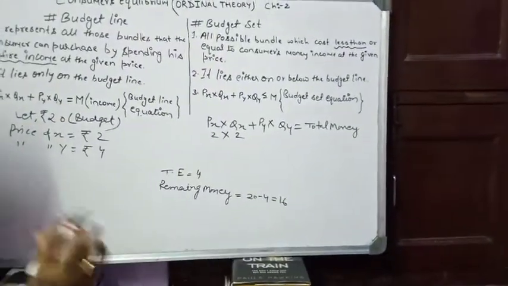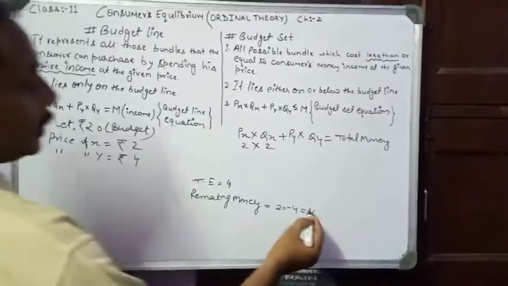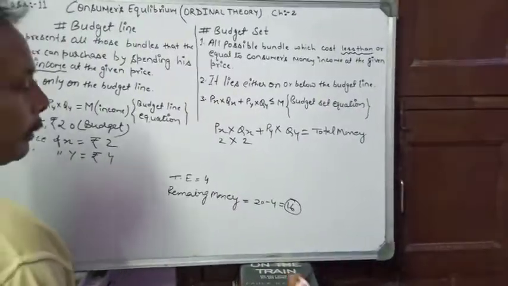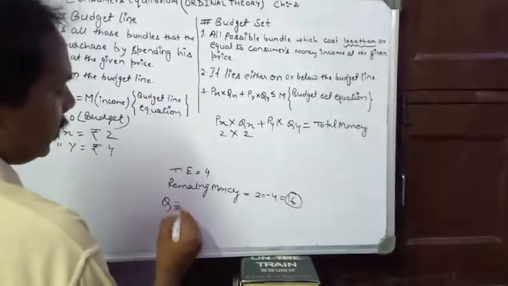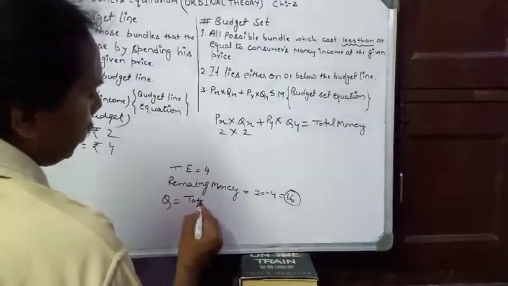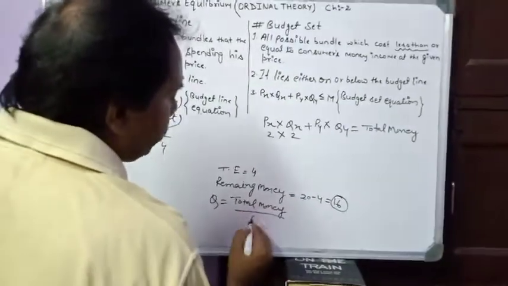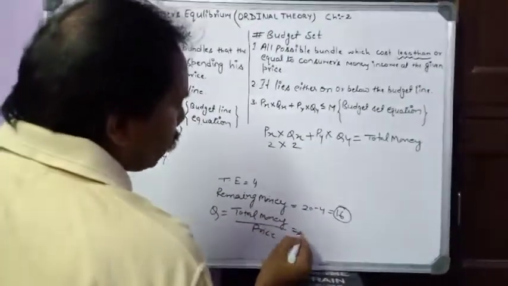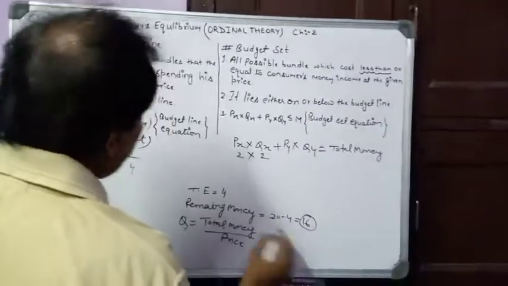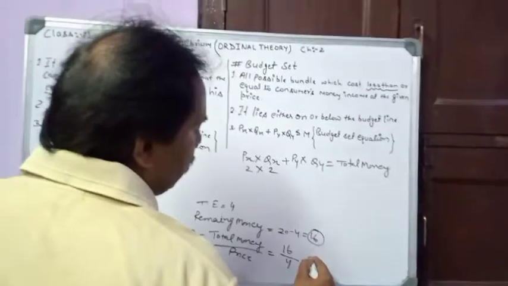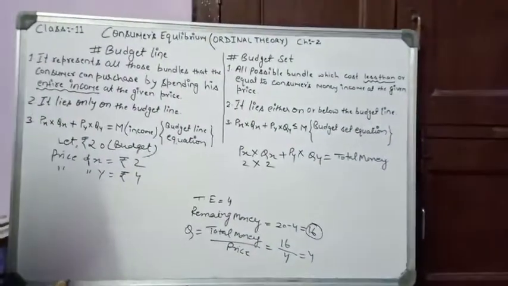From the 16 rupees, how many units can he buy? Quantity is equal to total money divided by price. He has 16 and the price of commodity Y is 4, so he is able to buy 4 units.